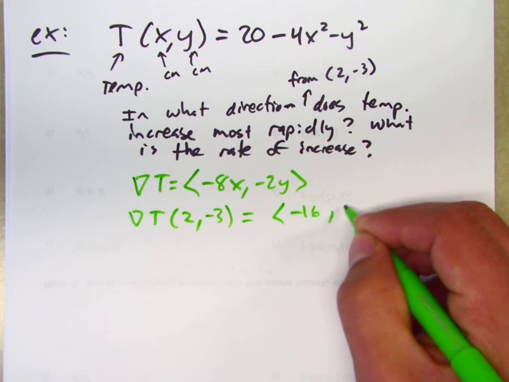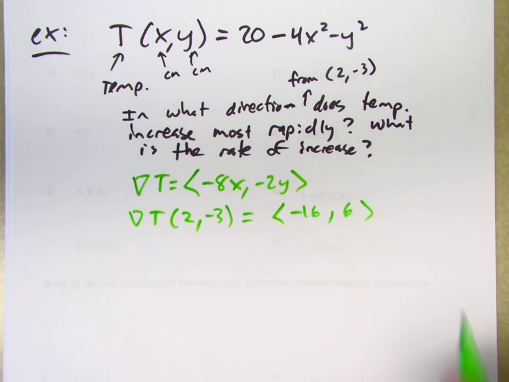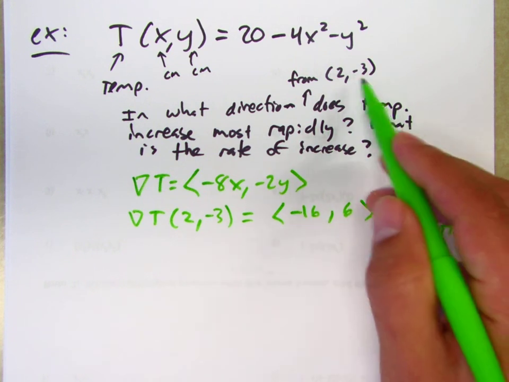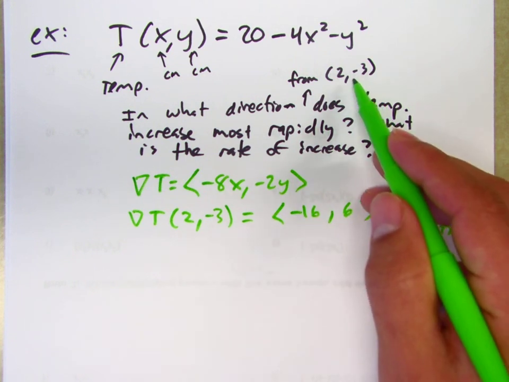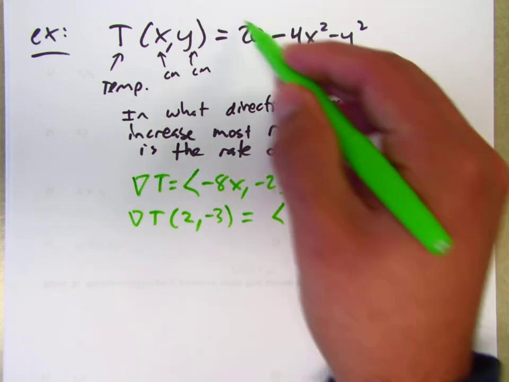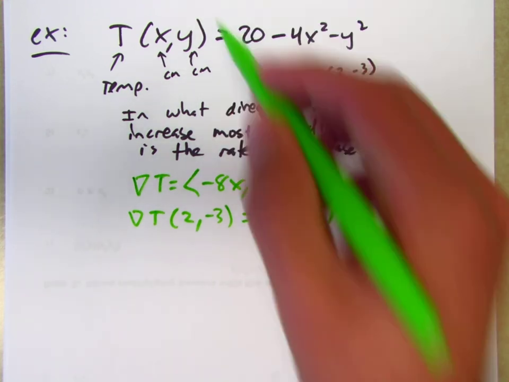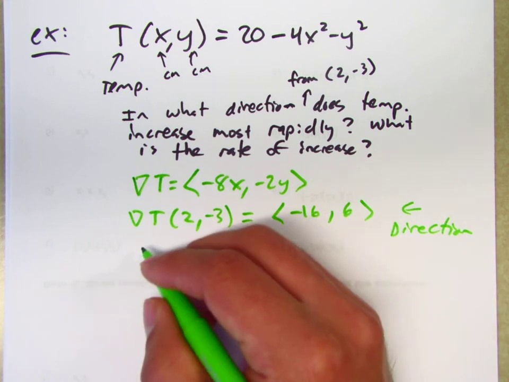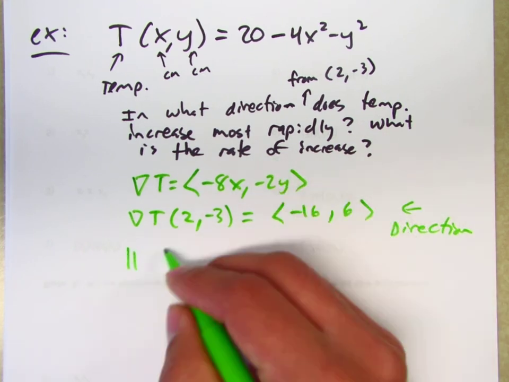Okay, so this is the direction that you travel in, right? So from (2, negative 3), you'd go 16 left, 6 up. So kind of in this direction, that would be the way to go, right? If you connect those and make that vector. And then the magnitude, the rate of increase, you just take the magnitude of that vector.